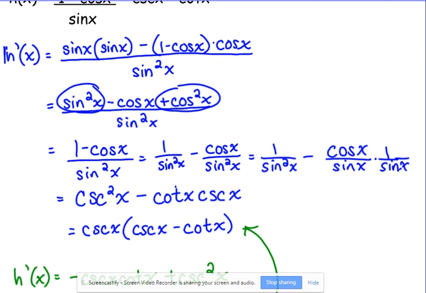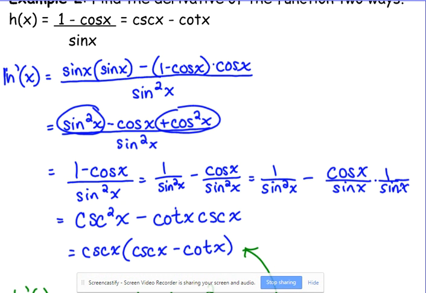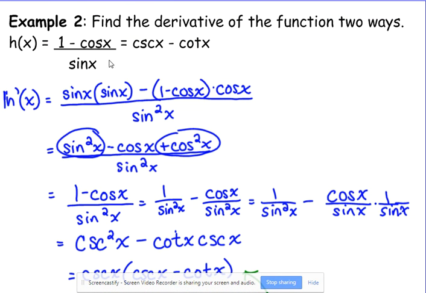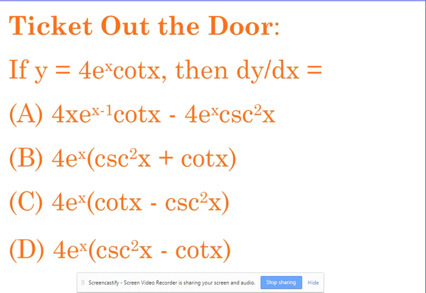There was a lot of simplifying there. But if you start with just decomposing the fraction, you got to be careful. The only reason why we can do that is because it's over a single term. As long as it's over a single term, you can split it up. Put the first term over the denominator plus or minus the second term over the denominator, and so forth and so on.